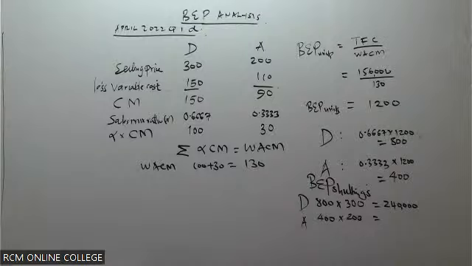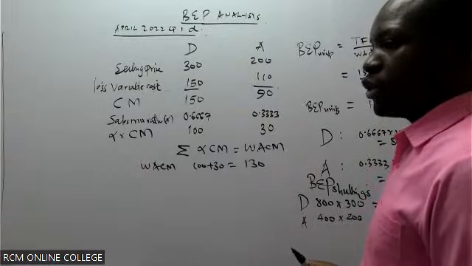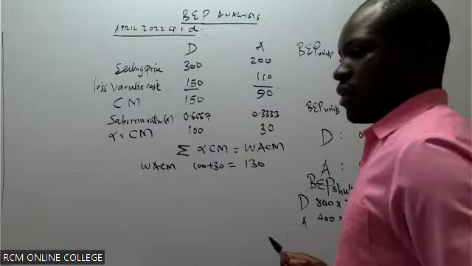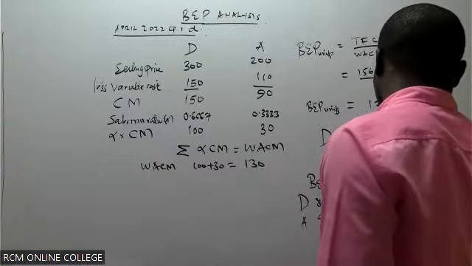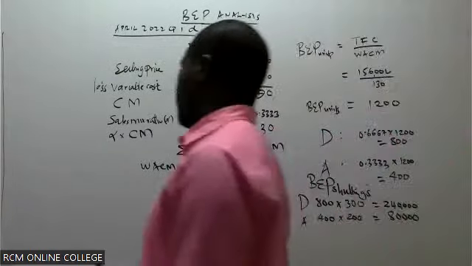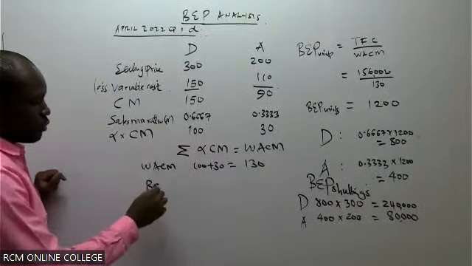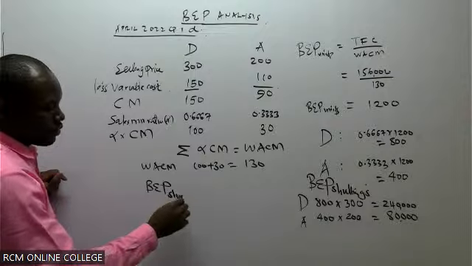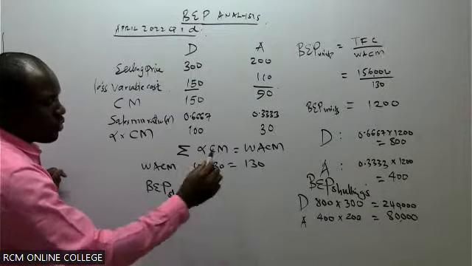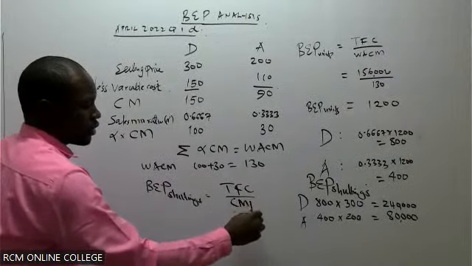Why are we multiplying the sales mix ratio by the break-even point? Can someone assist our friend there? Remember, the break-even point in shillings of a single product is equal to total fixed cost divided by contribution margin ratio.